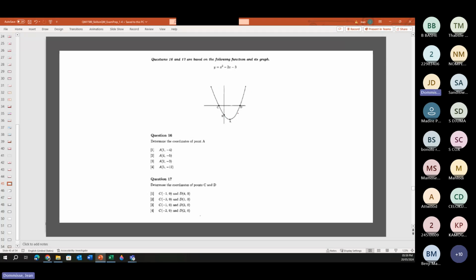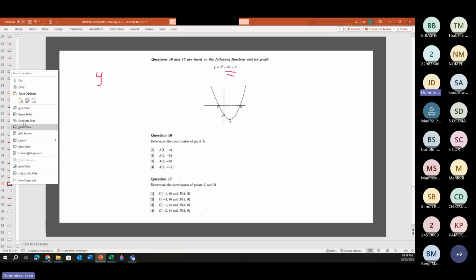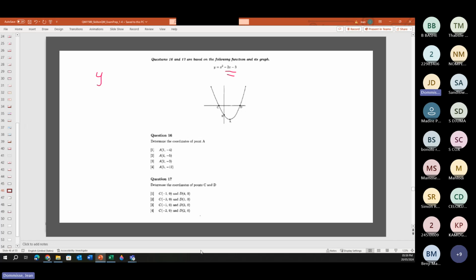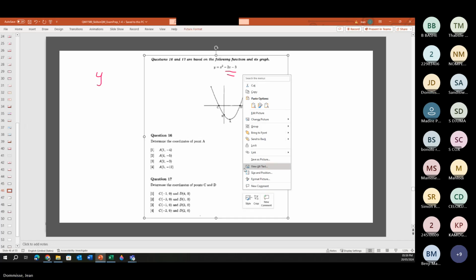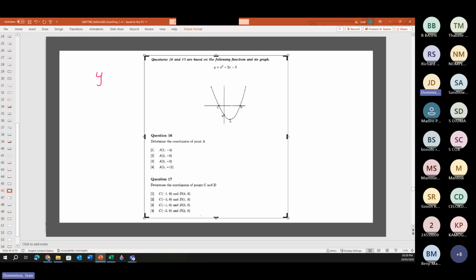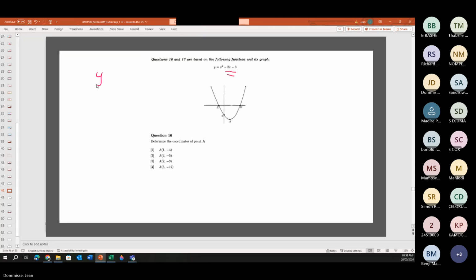Next one, we're looking at a nonlinear function or parabola. They give us the function. Let me just make this bigger so that we can see this.